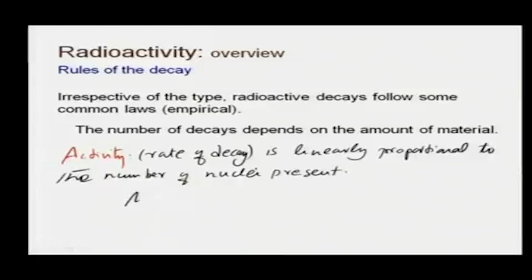So, I can write down an equation relating the activity, which is basically the rate at which the number of particles comes down, dN by dt. Actually, the modulus of that, just the magnitude, is equal to some constant lambda times N, where N is the number of nuclei present. And lambda is called the decay constant.